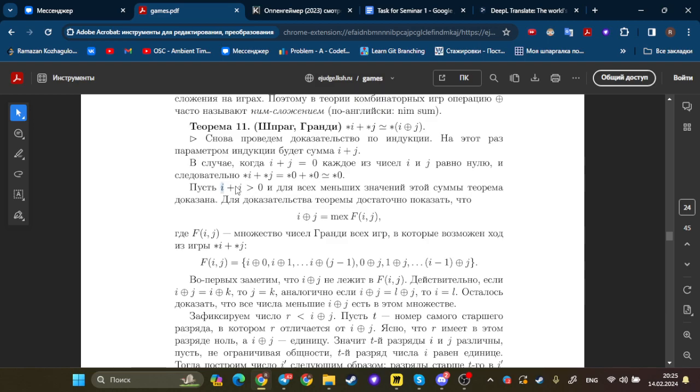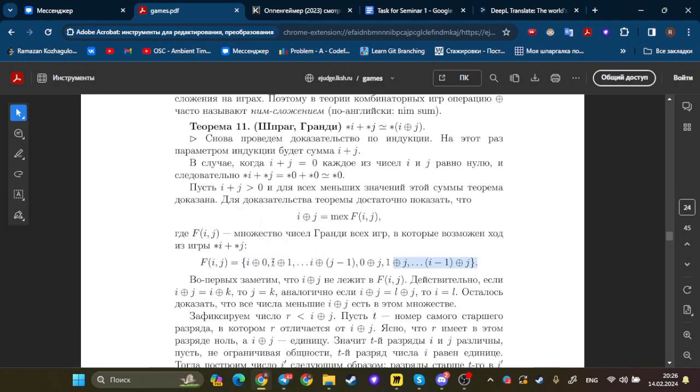Okay, we consider that e plus g is greater than null. We suppose that we have already proved that if the number of stones is less than e plus g, then x plus y is equivalent to star x plus star y. Okay, we use that fact.